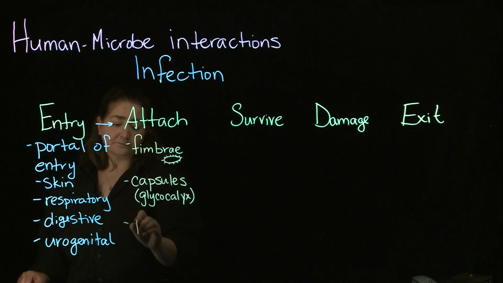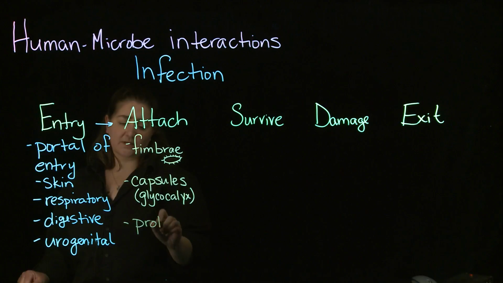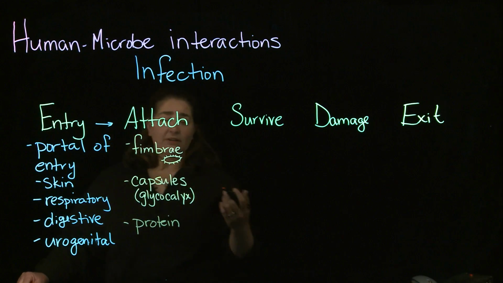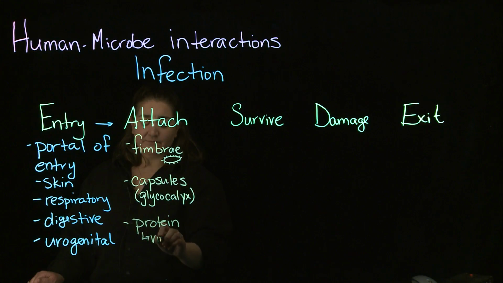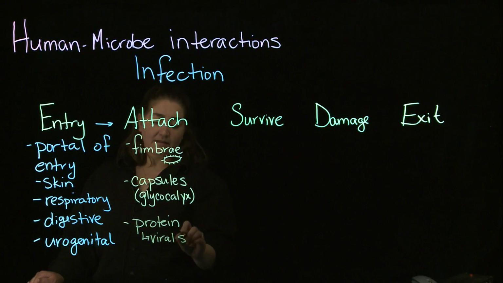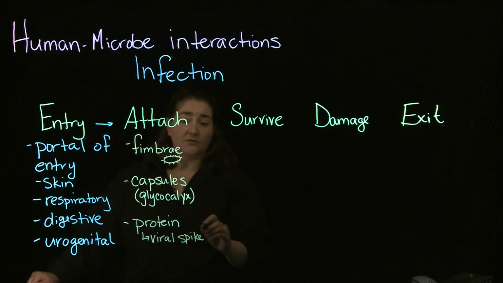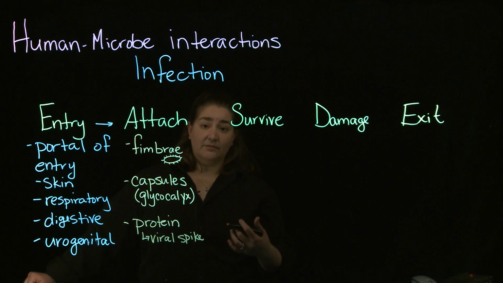The other way we have attachment is going to be via various proteins, okay? With viruses, that can be those viral spikes that are on the outside of the virus.